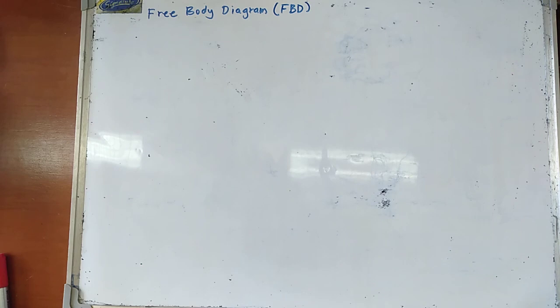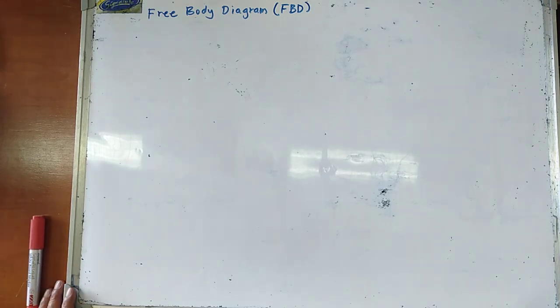Now, in equilibrium of force systems, we need to know how to draw the free body diagram, or we just simply call that one FBD. So what is a free body diagram? A free body diagram is a drawing that shows the particle with all the forces, known and unknown, that act on it.